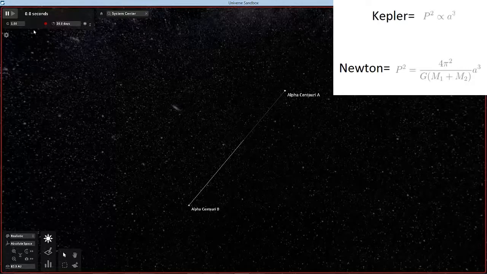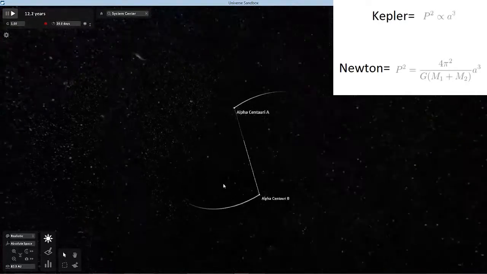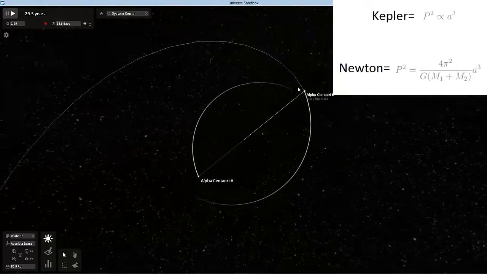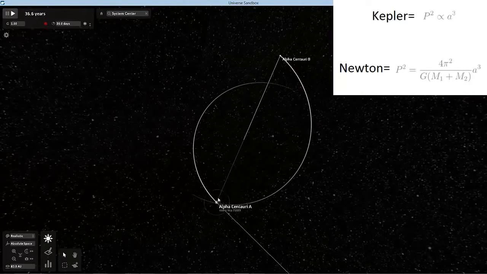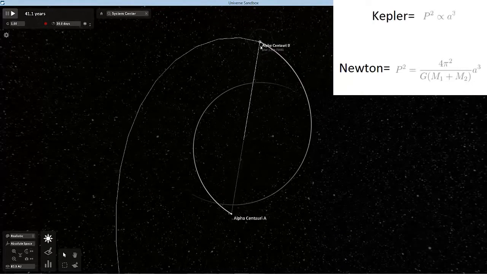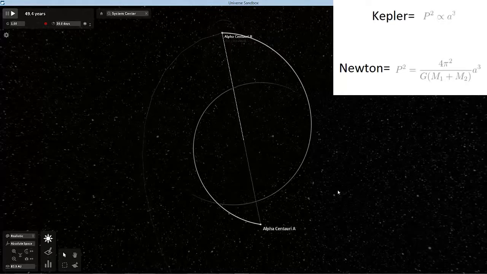And basically what's happening, and let's play this for a little while. What's happening is one star is orbiting the other star, which is orbiting the first star.